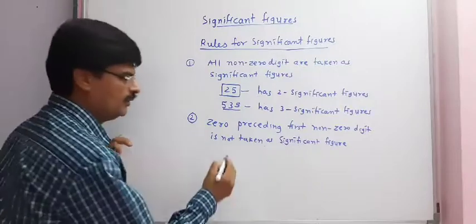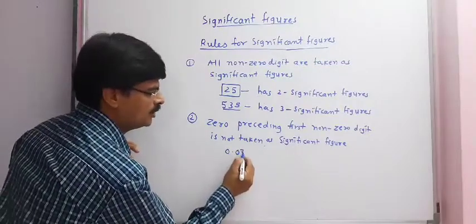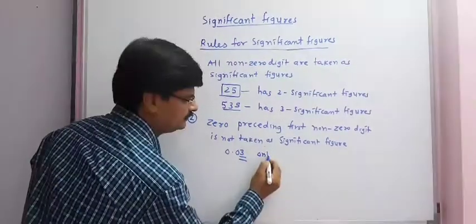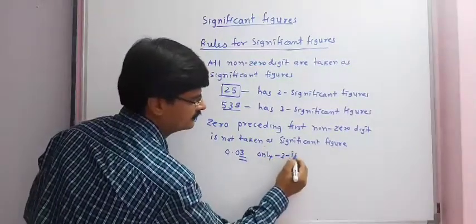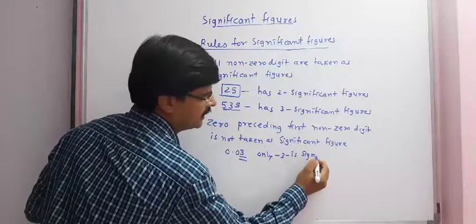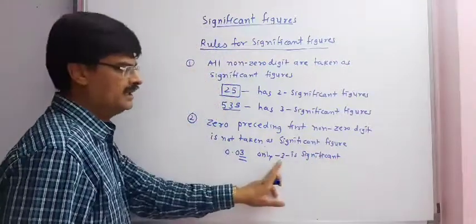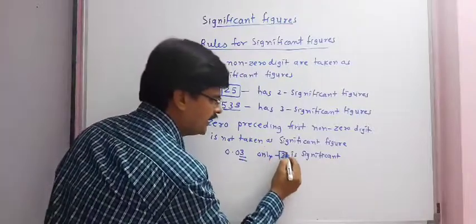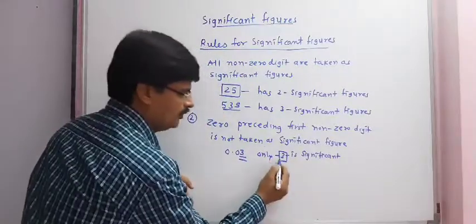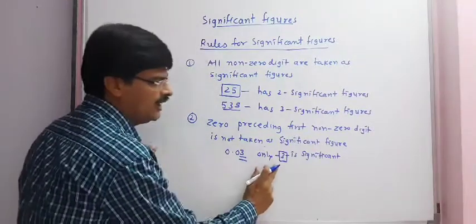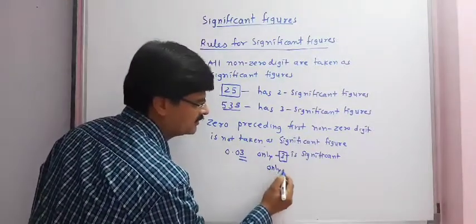Take the example of 0.03. Here only 3 is significant. Only 3 is taken as a significant figure. So we can say that the number 0.03 has only one significant figure.